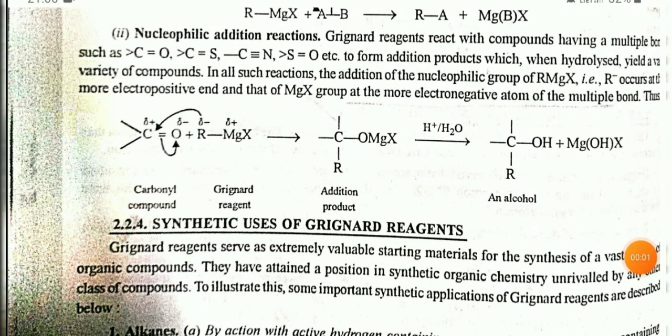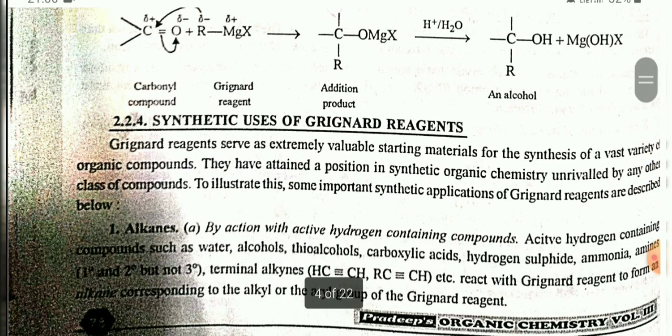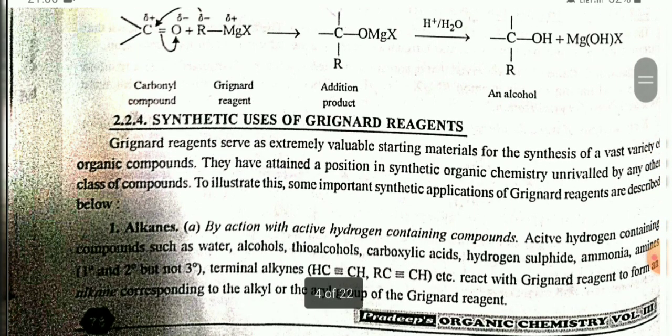In all such reactions, the addition of the nucleophilic group of RMgX, that is R, occurs at the more electropositive end and that of the MgX group at the more electronegative atom of the multiple bond. Thus, C=O plus RMgX gives C(R)OMgX, which in presence of H2O and H+ gives an alcohol plus Mg(OH)X.